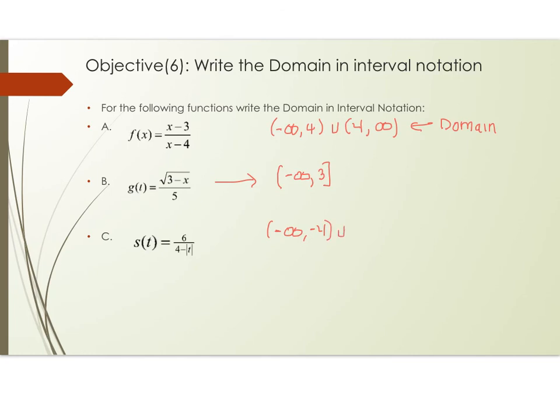And now we can go from -4 to +4, but we can't have the 4s, so we use parentheses. And then finally, we can go in the other direction, 4 to infinity. Looks like a lot of ink is being used for this interval notation, but there it is. There is the notation for our domain for s of t.